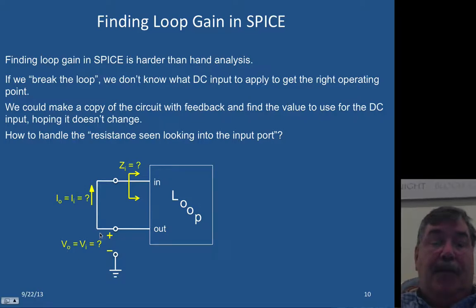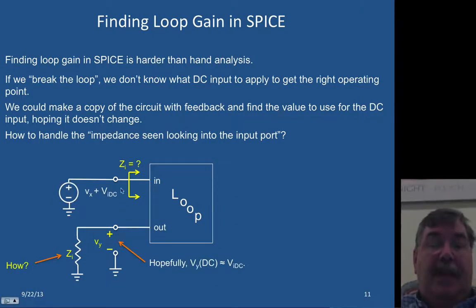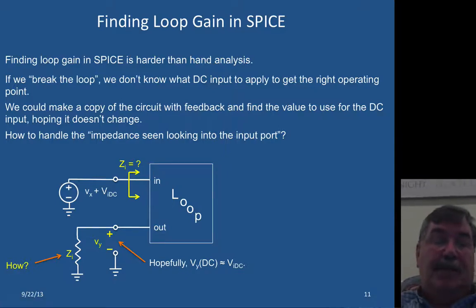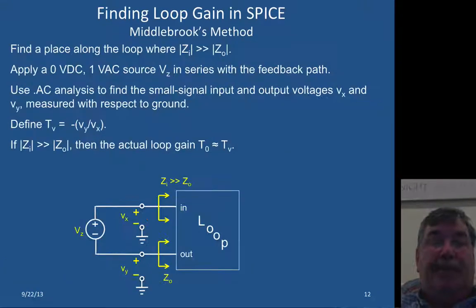Let that copy of the circuit automatically figure out the DC value of this voltage, and then apply that here, and then that would guarantee that this one has the right voltage, and the currents would take care of themselves, sort of, except for how are we going to find this input impedance? This is a small signal parameter. We don't have a real way of finding that automatically, so that really is not a successful way of doing it, and it's kind of a kludge anyway.